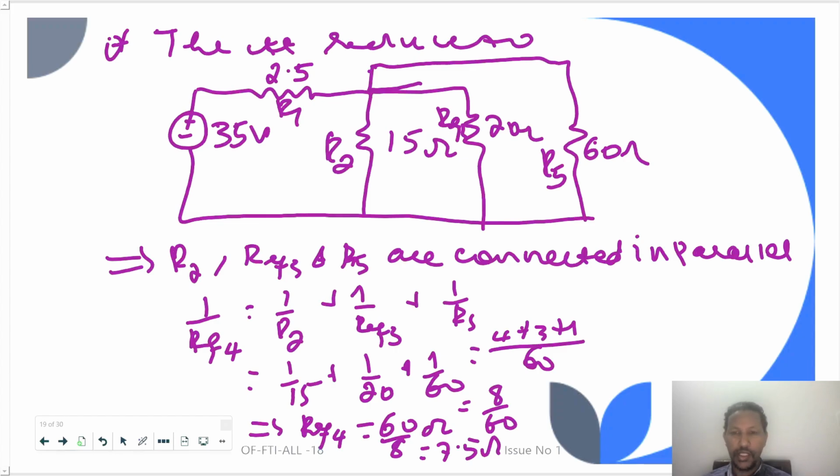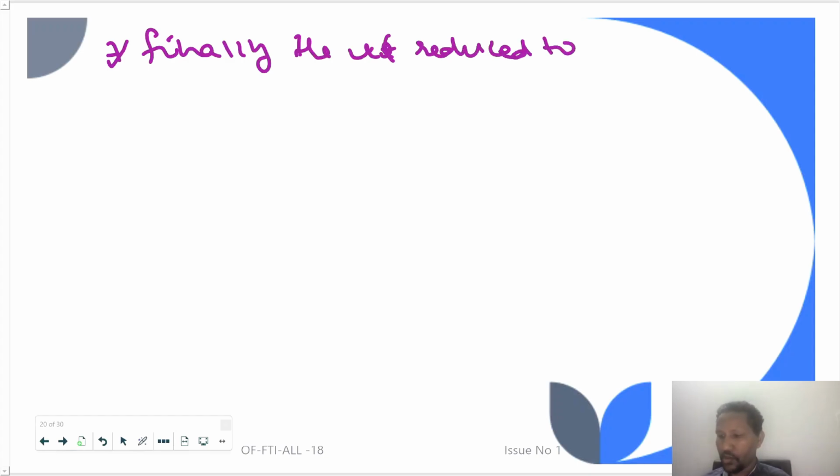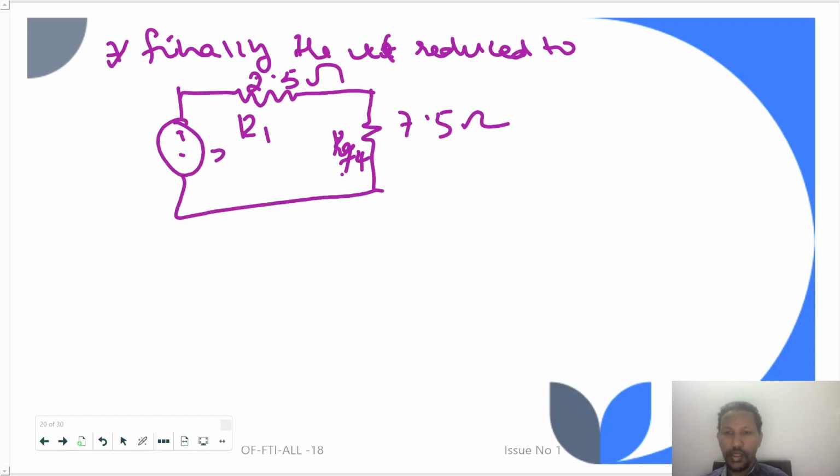So the circuit finally reduces to a simple circuit with the 35 volt source, R1, which is 2.5 ohm, and R equivalent 4, which is 7.5 ohm. So the total R equivalent is R1 in series with R equivalent 4.